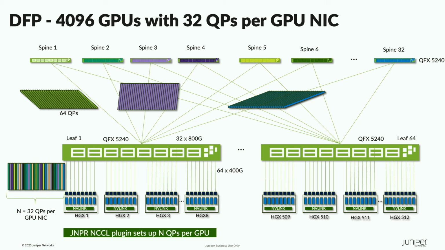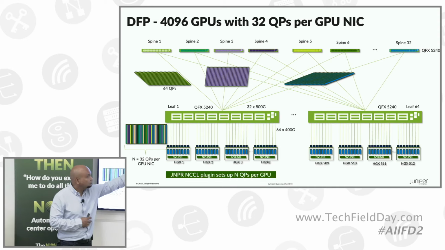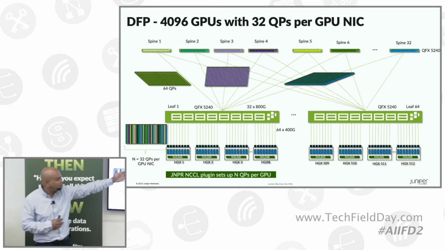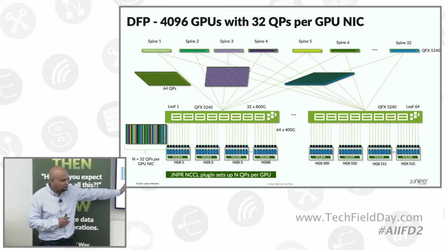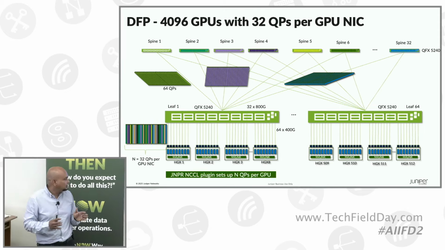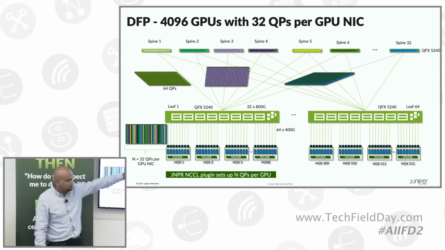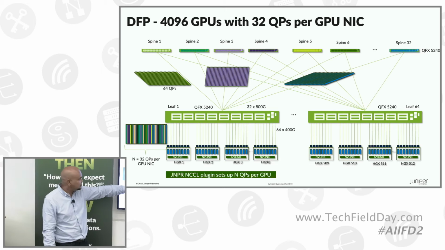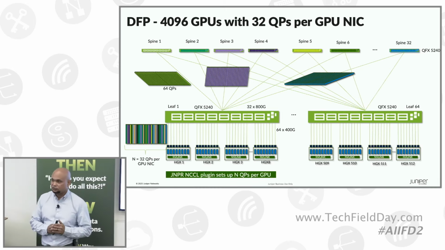So in this case, as I showed you, if there is a scaled 4,000 GPU topology, if you have 32 paths, because 32 by 800 gig is equal to 64 by 800 here, you break these, your N becomes 32, and you will do 32 queue pairs. So that if all the GPUs here start sending traffic, it will fit nicely in a predeterministic fashion.